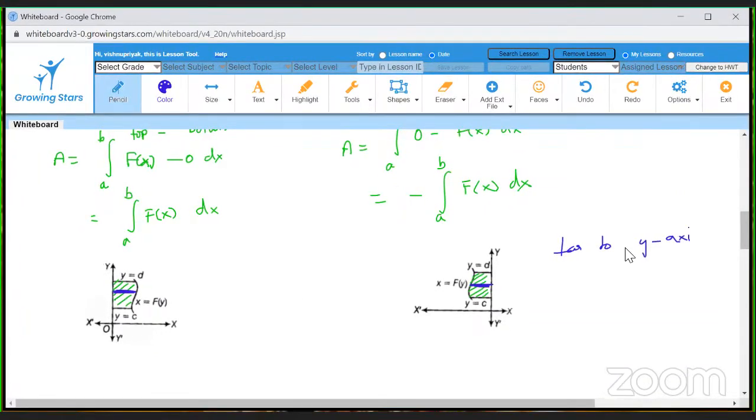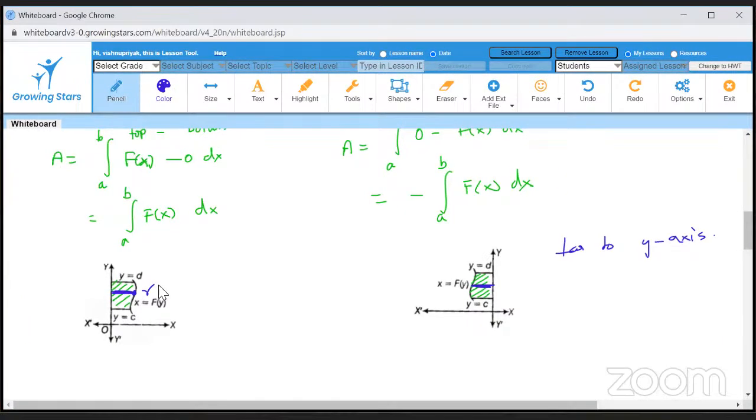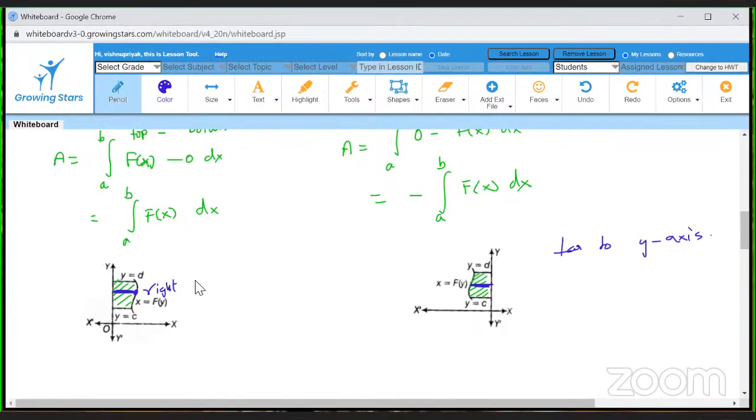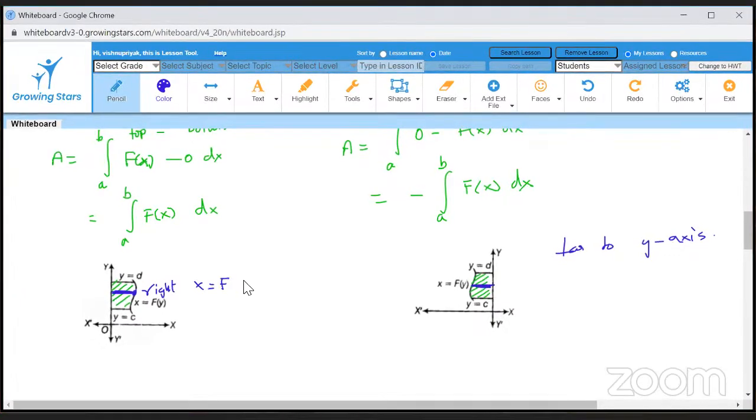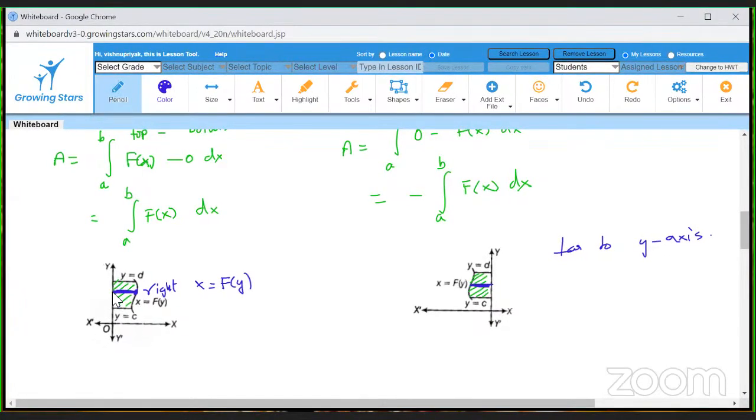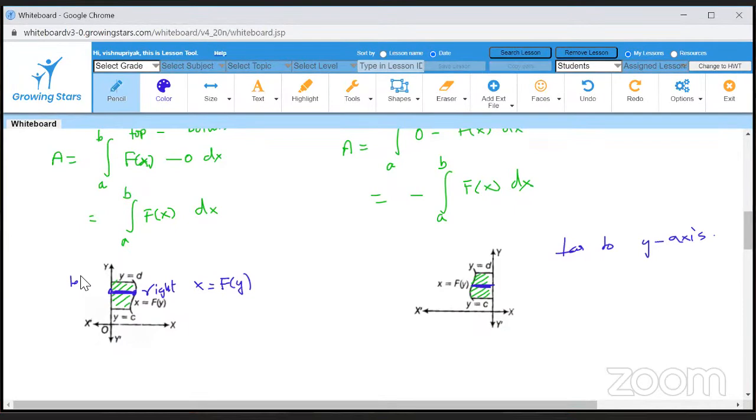Draw like this. Now you see, on the right side of this line, you have to take x equal to f of y. On the left side, the y-axis, x equal to 0.